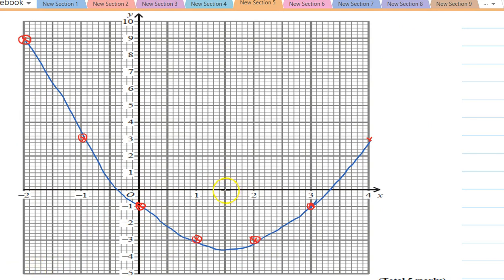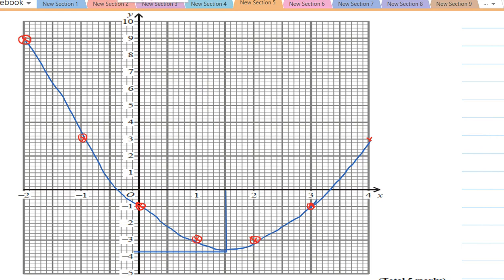If you see here, for the minimum value of y, if we draw a line like this, it is coming here, and if we draw another line like this, it will be minus 3.3 and 3.4, right?